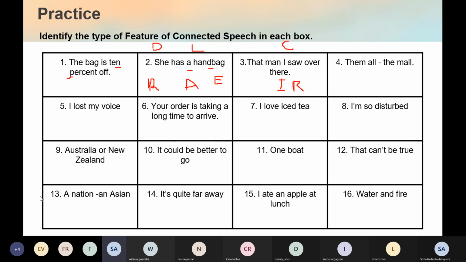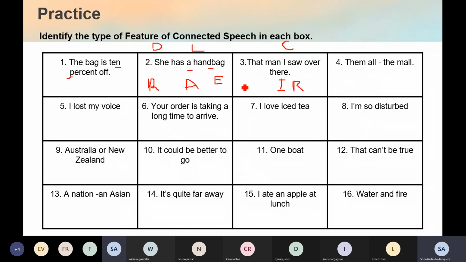Linking. Okay, and which kind of linking would you use? Do you have an R in the spelling? No. So it's similar to linking. But remember that for linking, we need to have the R in the spelling.